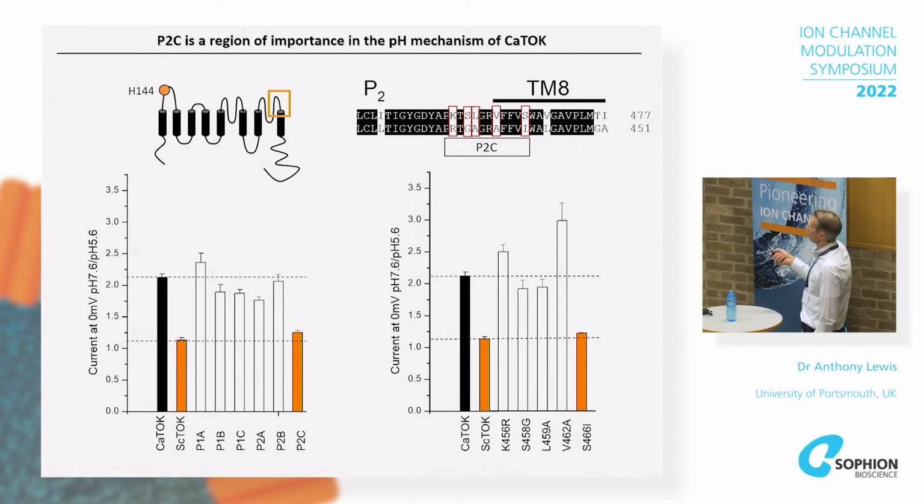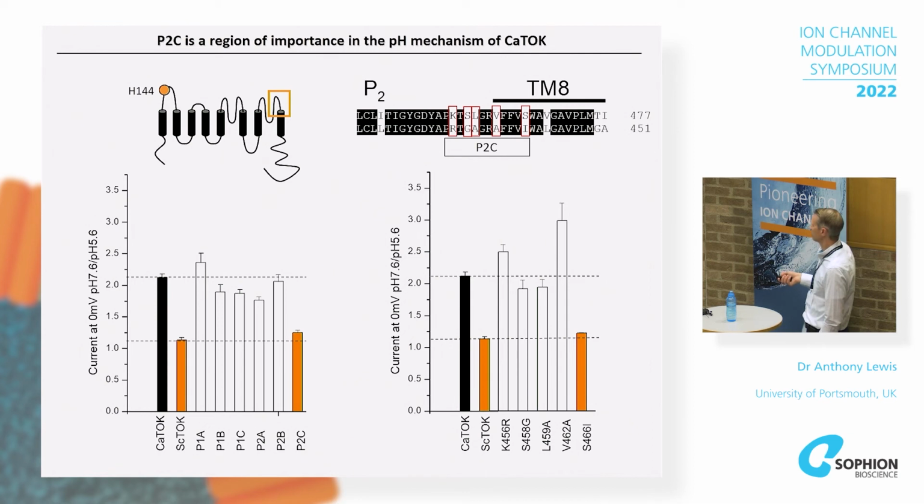And when you mutate individually each of the different residues from the Candida to the Saccharomyces, you find that there is one residue, a serine at position 466, which is right here at the top of TM8, which is critical for allowing pH sensitivity.